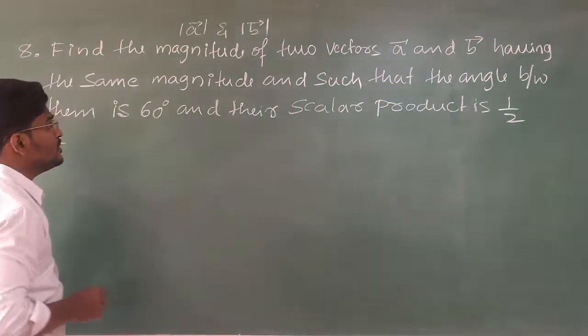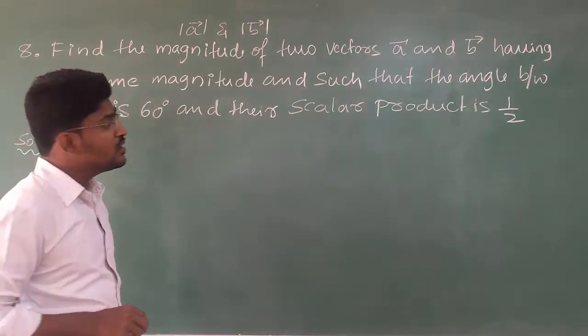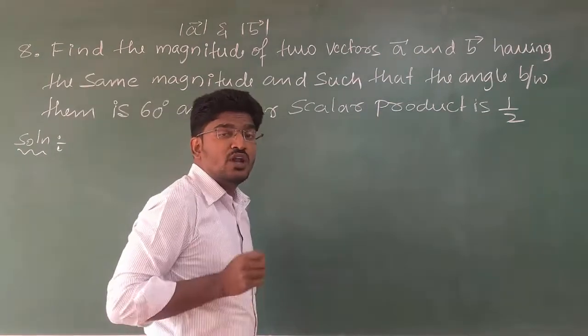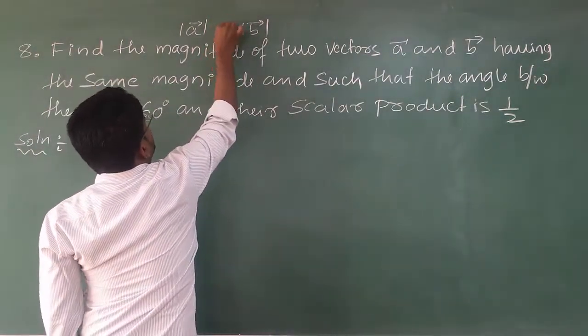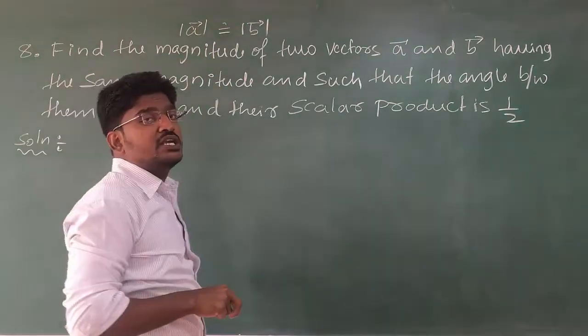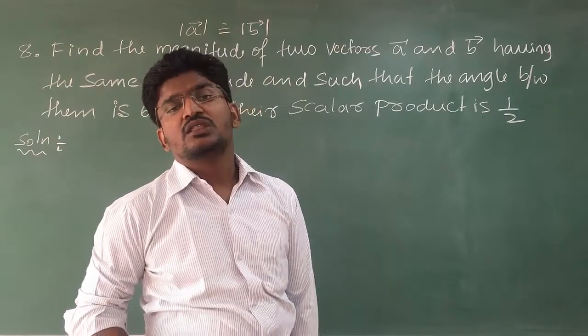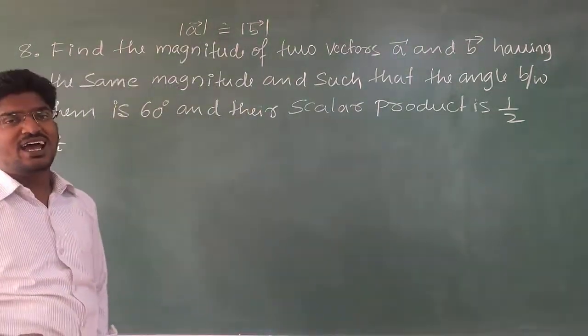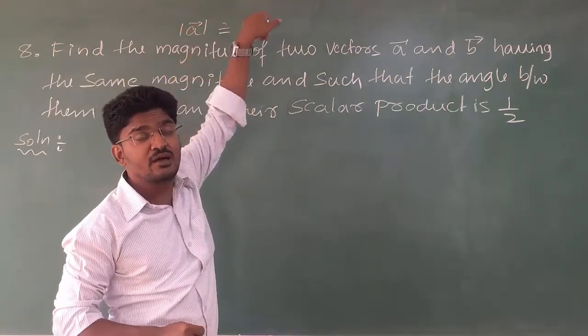So the angle between A and B is given, the scalar product is 1 by 2, and the magnitude of A is equal to the magnitude of B. That means three terms are given.